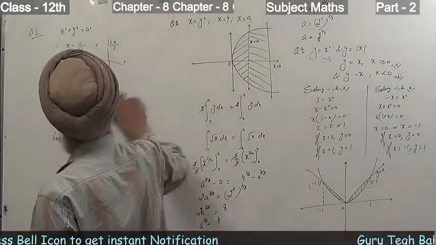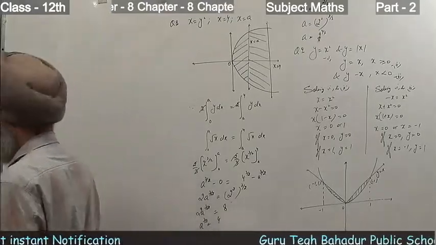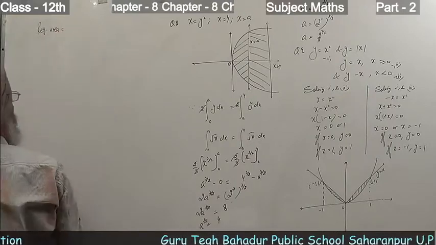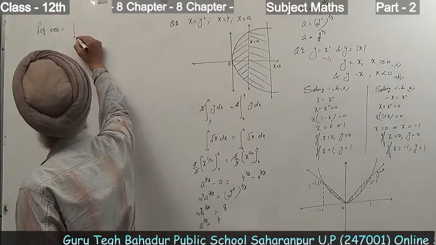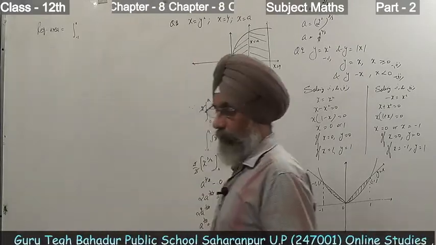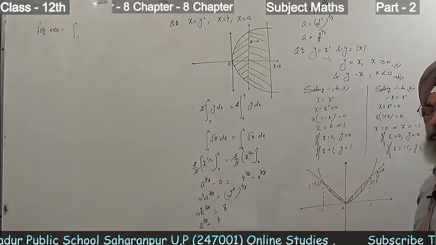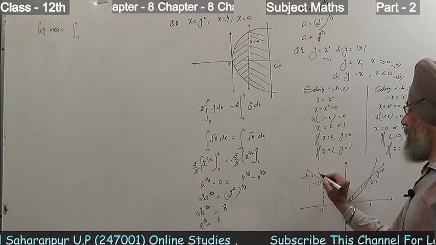Now we find the required area. Required area is given by minus 1 to 0, line and parabola. The area is bounded between this line and parabola. What is the line here? This is y is equal to minus x.